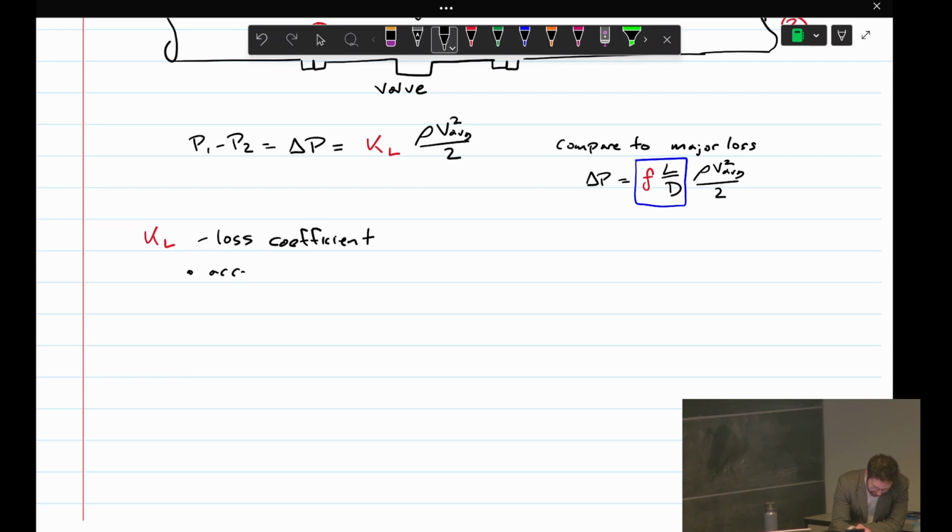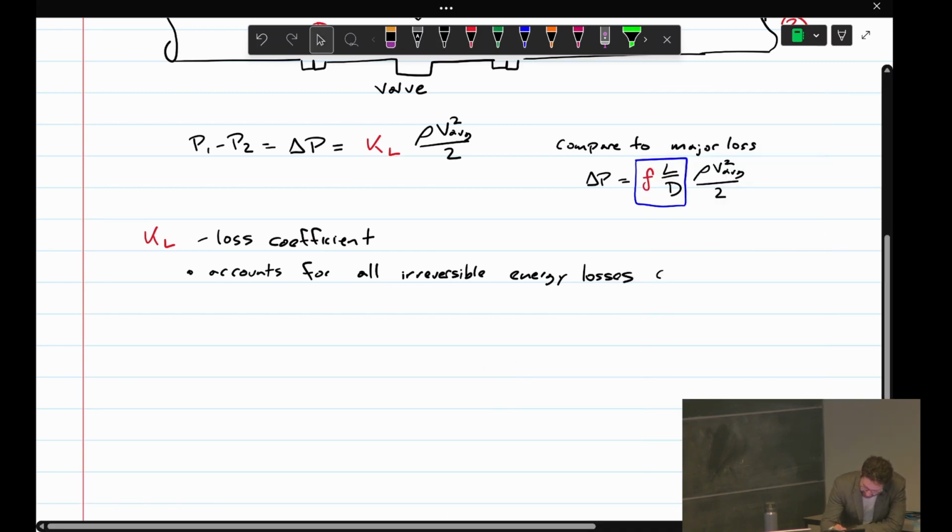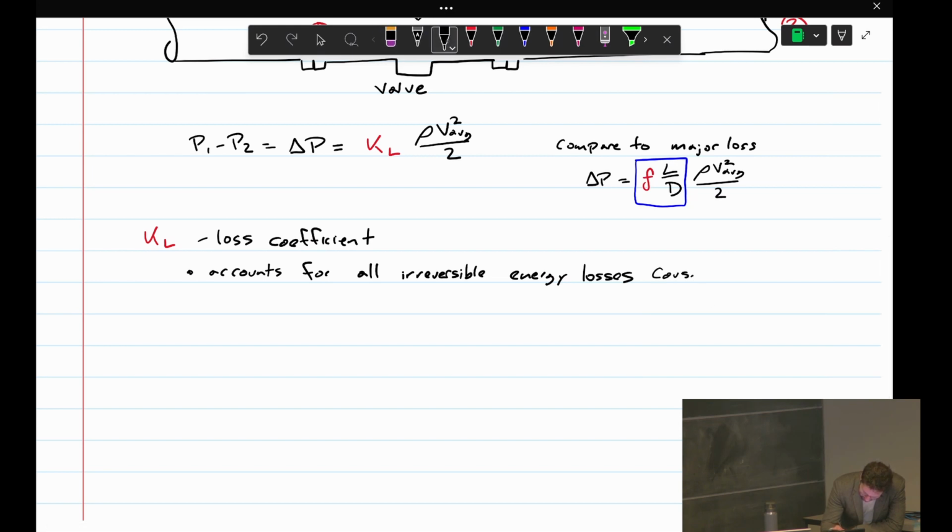Again, it accounts for all irreversible energy losses caused by the component.